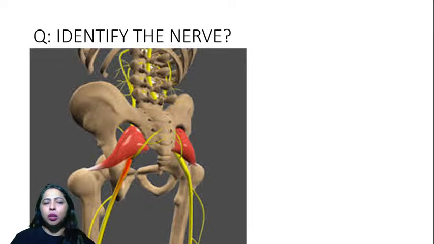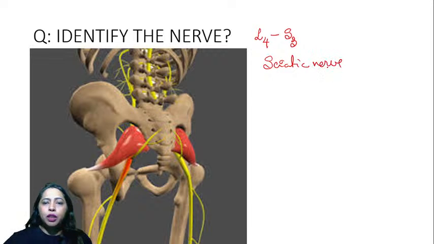There are a lot of nerves emerging from the root values L4 to S3. You have L4, L5, S1, S2, S3, and these give rise to the sciatic nerve.